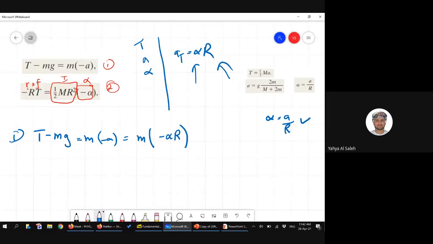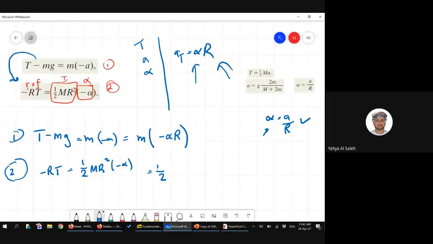Well, I can use equation 1 inside equation 2. I have minus RT equals half mr squared minus alpha, which, if I substitute this in it, will end up being half mr squared minus a over r.